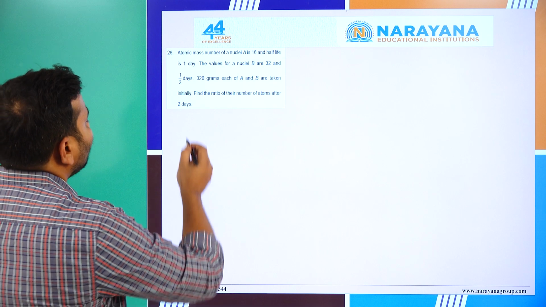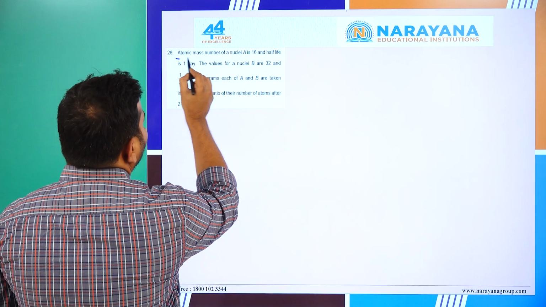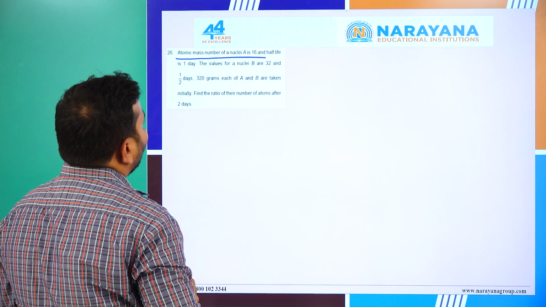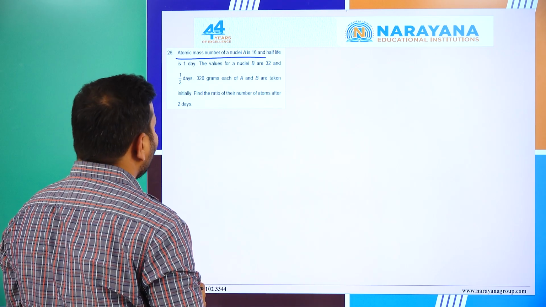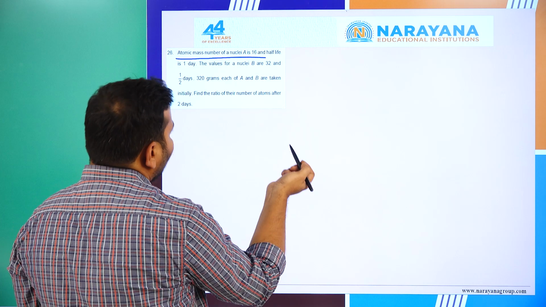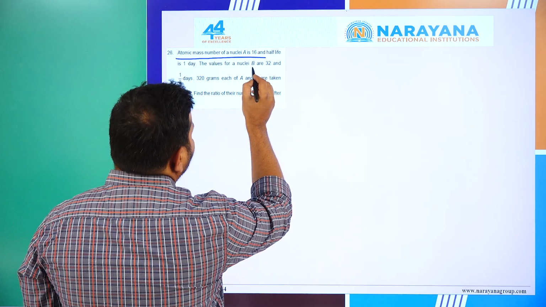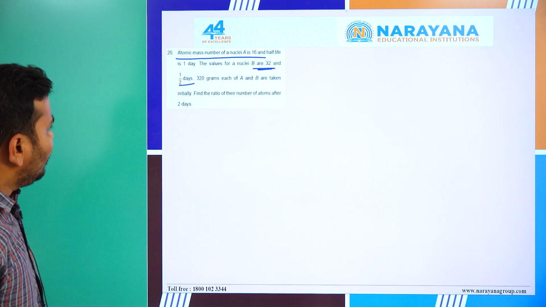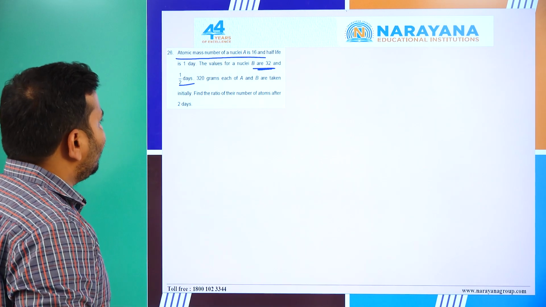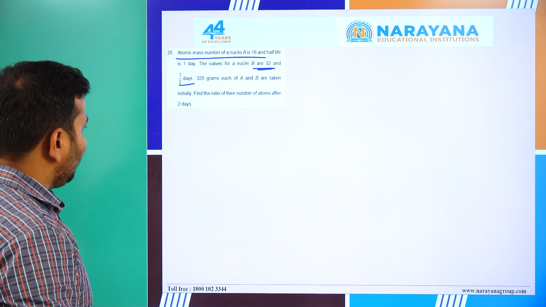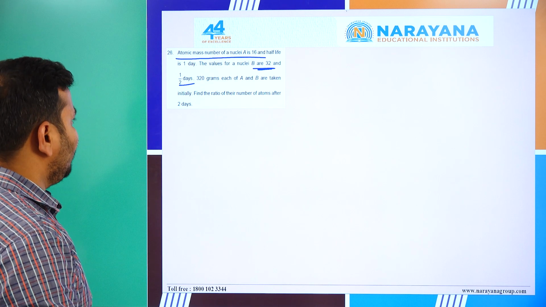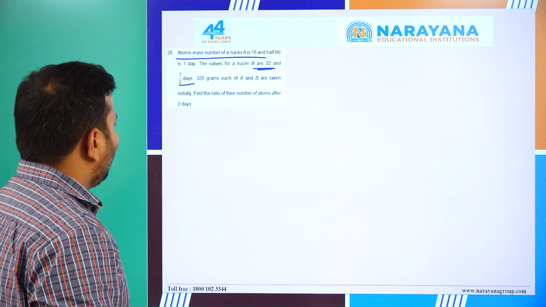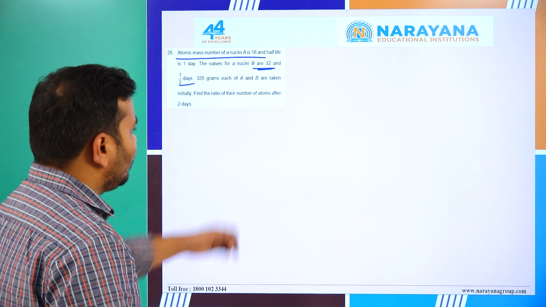Right, so here you have to understand this question. 320 grams of each of A and B are taken initially, then find the ratio of the number of atoms present after 2 days, they are asking, right.